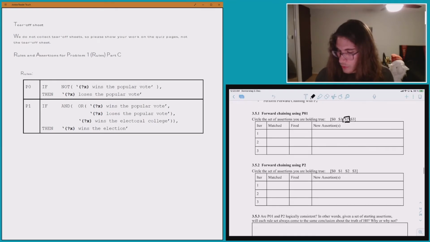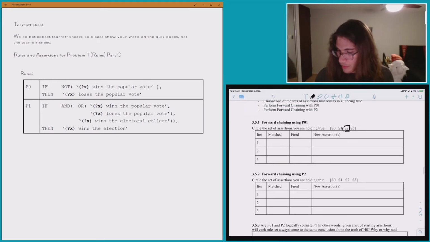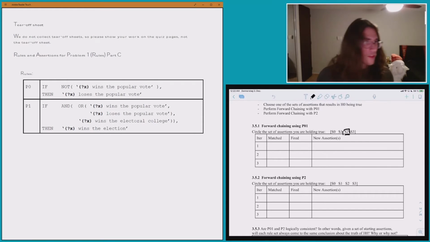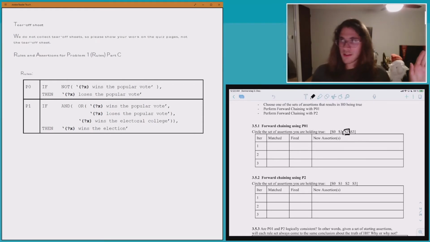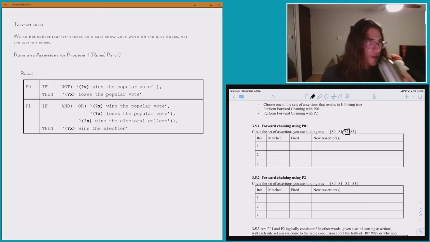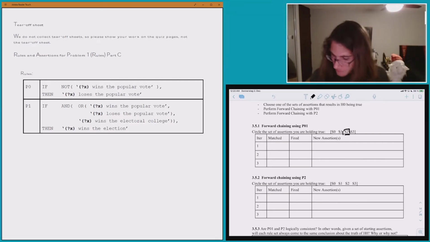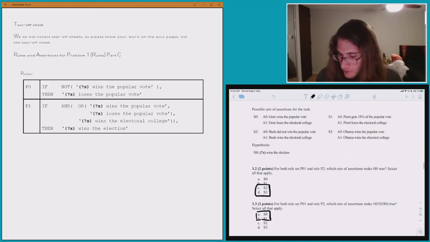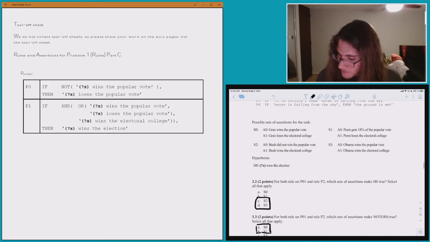And I'm going to apply it to P01 first. We have P01 on the left-hand panel, the screen is flipped in my case. Let's see, I've already forgotten the rule. Bush did not win the popular vote.